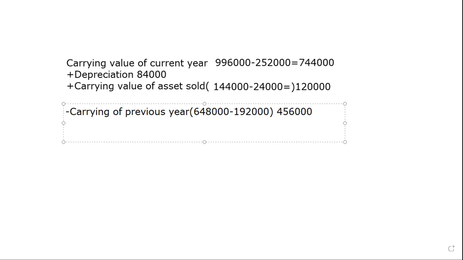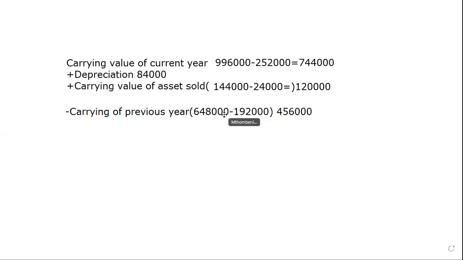Yes. So you minus the carrying value of the previous year, the 648,000. On the information sheet itself, did it have cost there or didn't it? Where did you get the 648 from? It comes from the statement of financial position, under assets, property, plant and equipment.